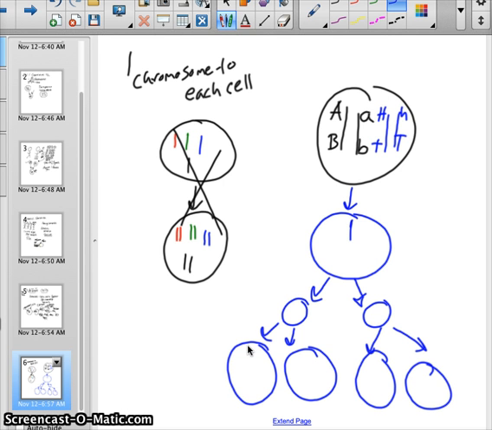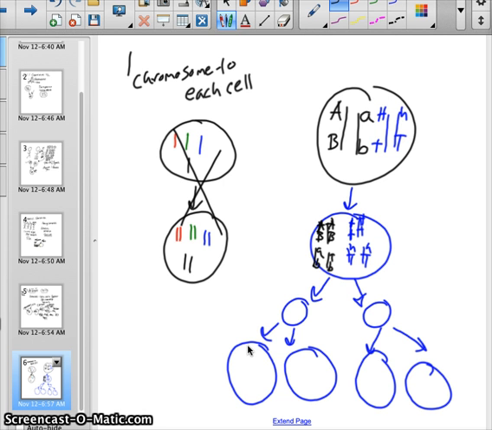There's going to be one with a big H and a little t, another one with a big H and a little t, another one with little h, big T, another one with little h, big T. And then over here, our black ones will be 2 with a big A, big B, and then 2 with a little a, little b.